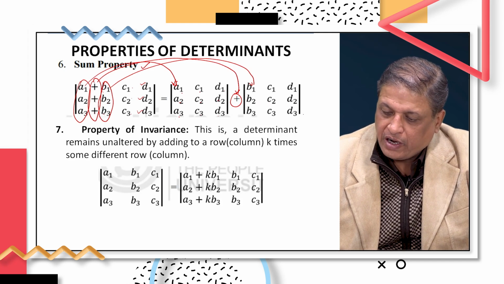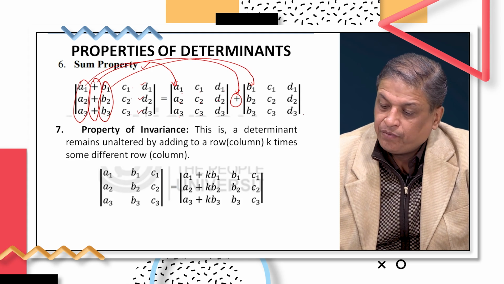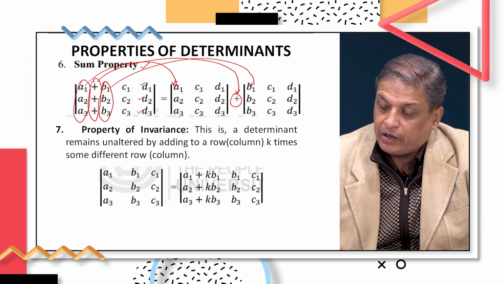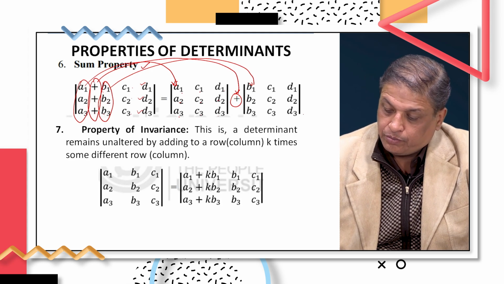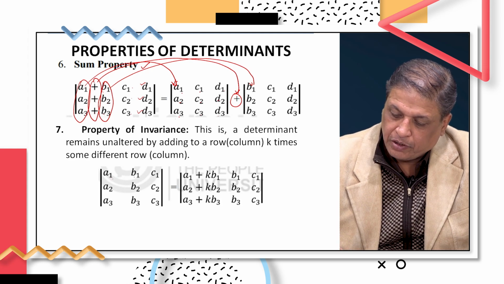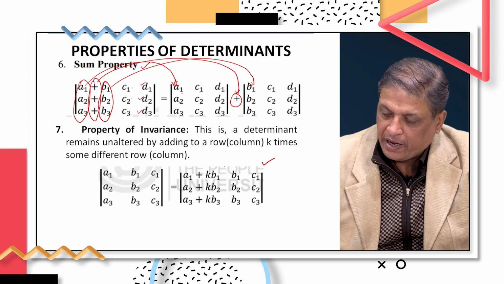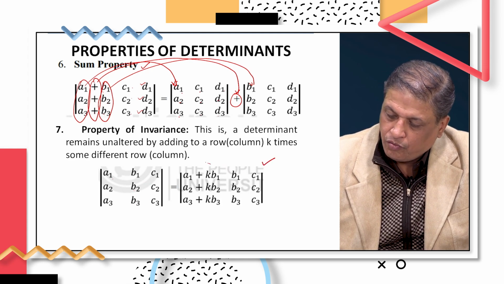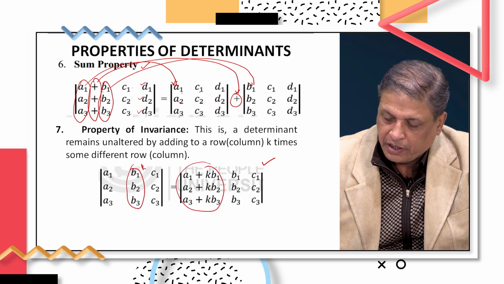Apart from this, we have a property of invariance, which says that a determinant remains unaltered by adding to a row or column k times some different column. So if we have a determinant with columns A, B, C, this will remain the same if we multiply column 2 by the constant k and add it to column 1.